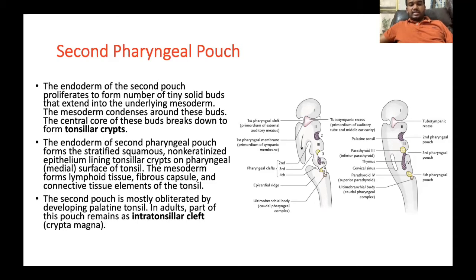In adults, part of this pouch remains as the intratonsillar cleft, or crypta magna. So the second pouch gives rise to a lymphoid tissue, the palatine tonsil.